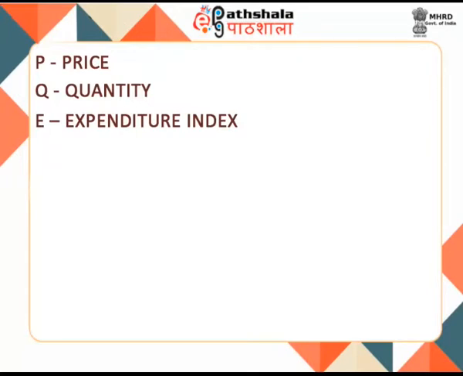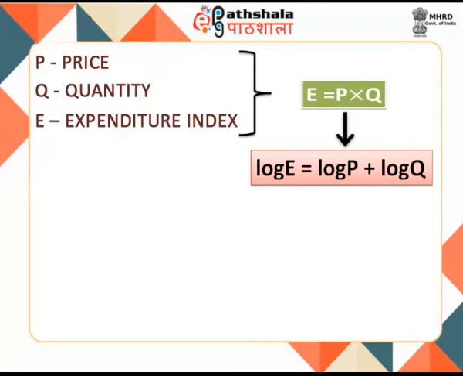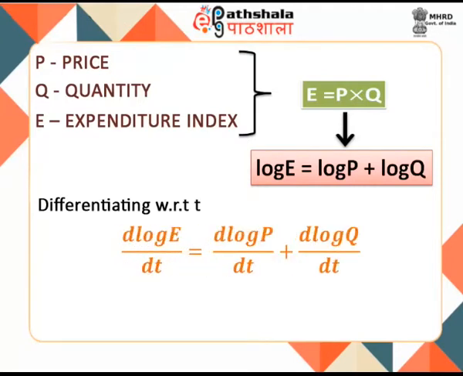We can write E is equal to P into Q. Taking log on both sides, we get log E is equal to log P plus log Q. Differentiating with respect to t, we get d log E by dt equal to d log P by dt plus d log Q by dt.